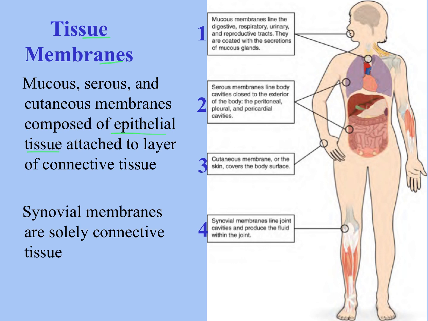So some general types include mucous membranes, and of course mucous membranes we know line digestive, respiratory, urinary, reproductive tracts, and they have goblet cells within them that are secreting large amounts of mucus so that the surface of those membranes is very smooth and slippery, so things can move across them very easily.